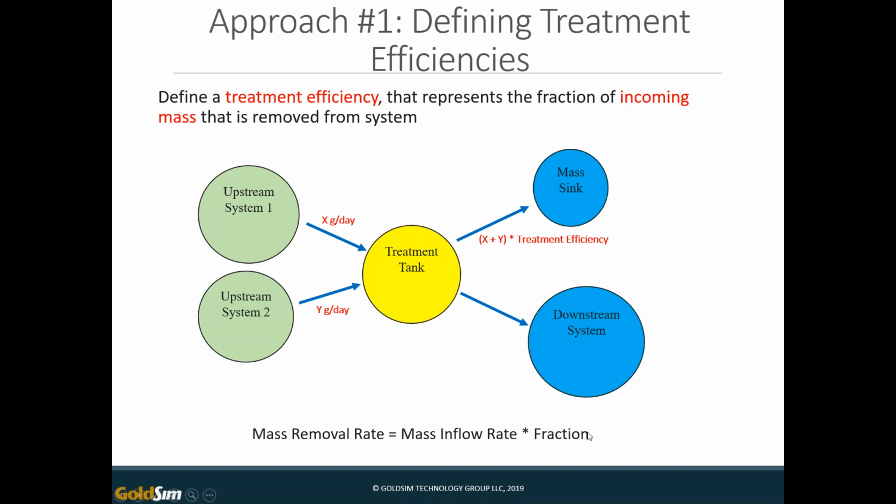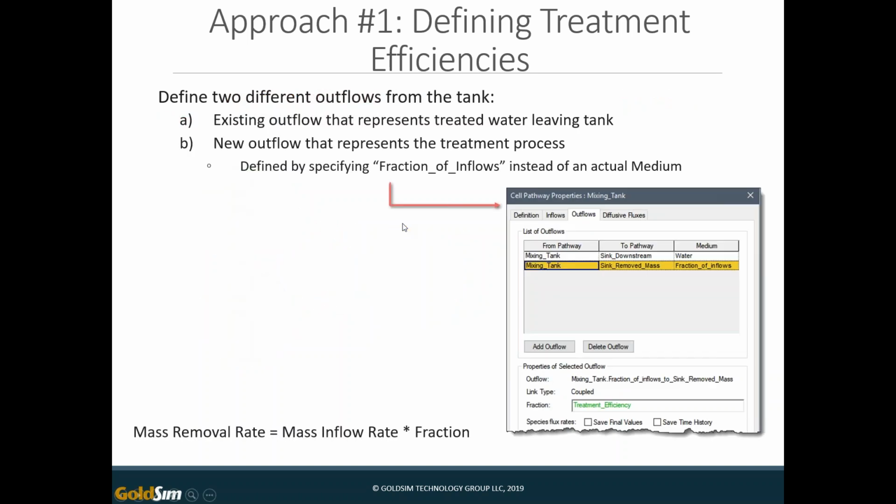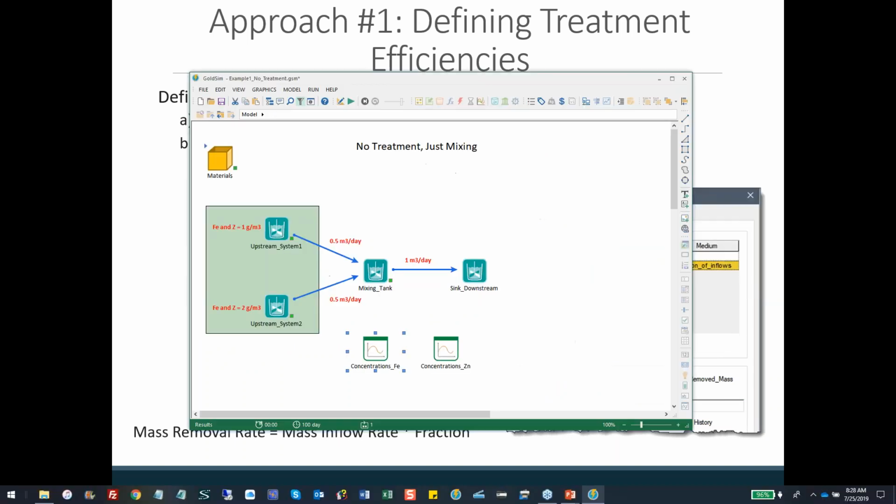So what we have to specify is this treatment efficiency, this fraction. It's just a fraction: what fraction of the mass entering is pulled out of the system automatically. So that's what this method entails. So how do we do that? Well, let's open the model that does that.